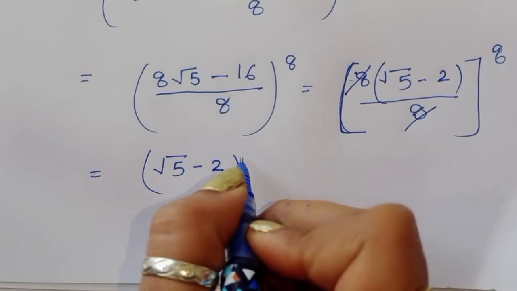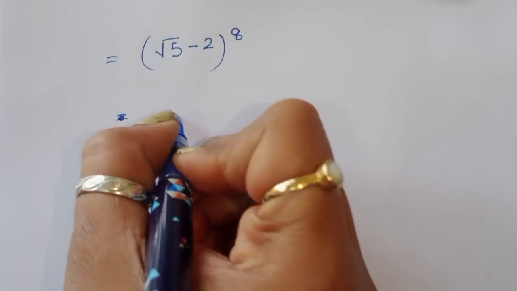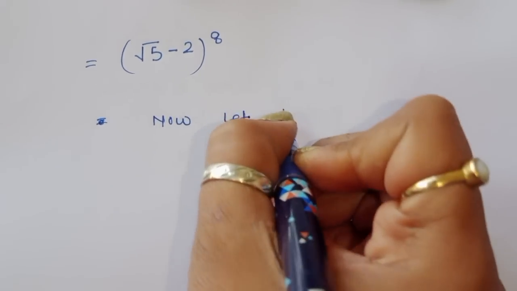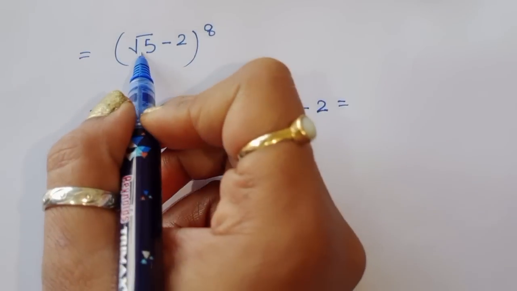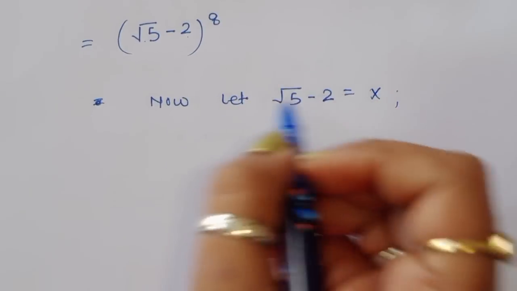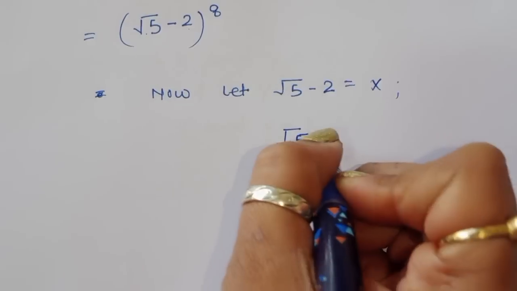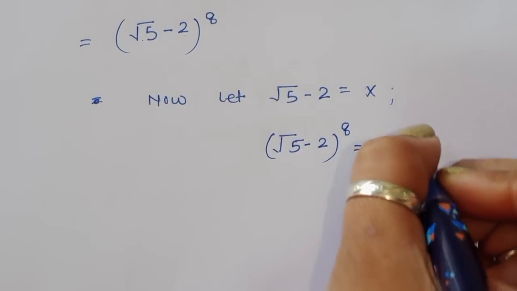Power 8. Now we have to do here one thing. Let's consider this square root of 5 minus 2 is equal to x, right? So if this is x, then we can say square root of 5 minus 2 power 8 is equal to x power 8.